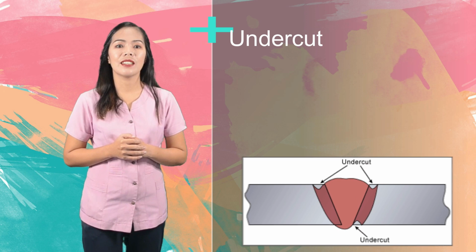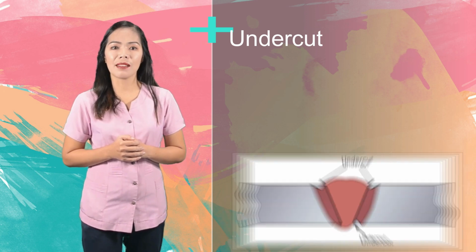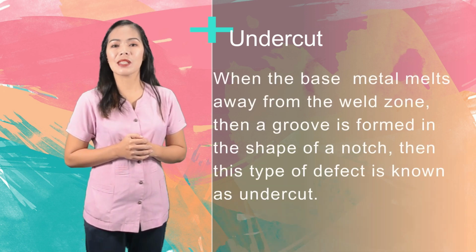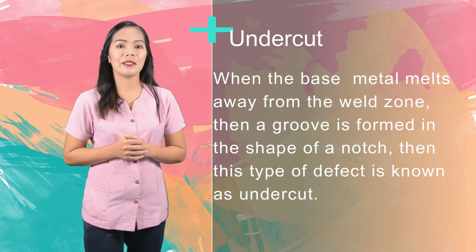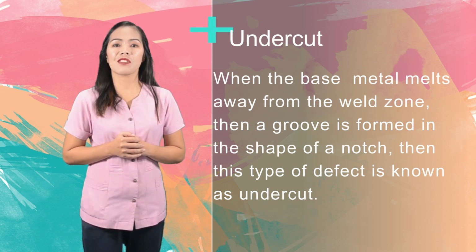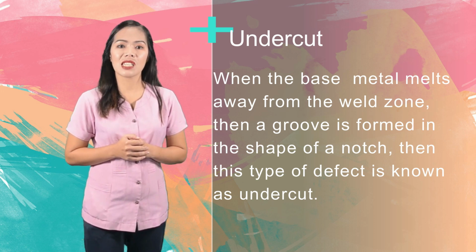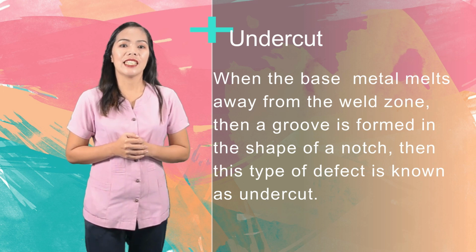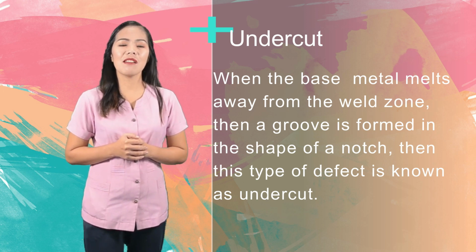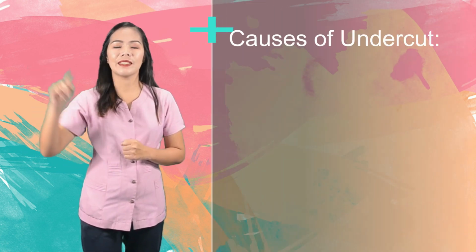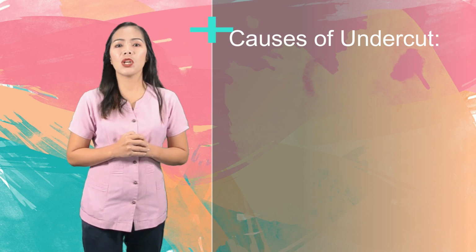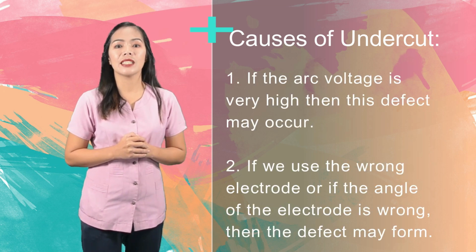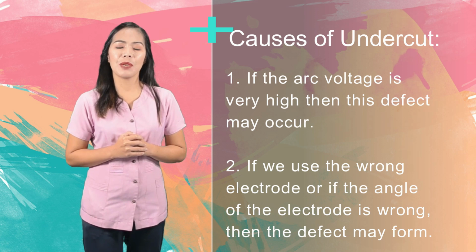Second defect, undercut. When the base metal melts away from the weld zone, then a groove is formed in the shape of knots. Then, this type of defect is known as undercut. Causes of undercut. Number 1. If the arc voltage is very high, then this defect may occur.